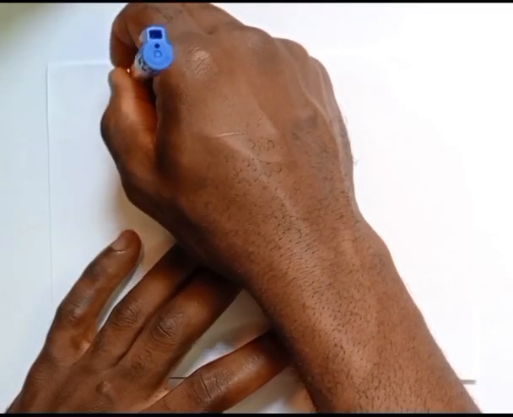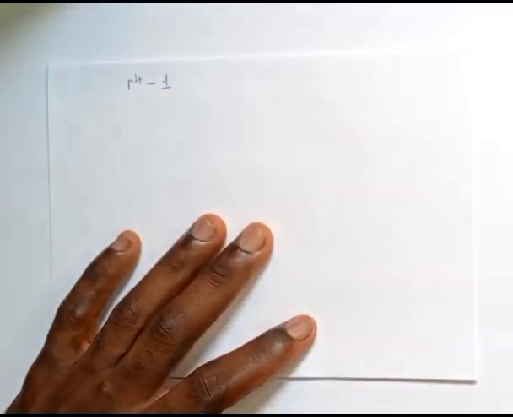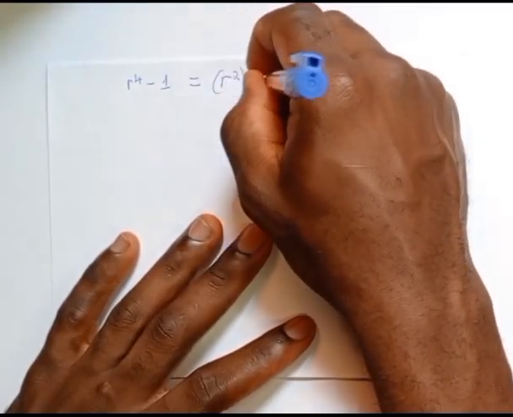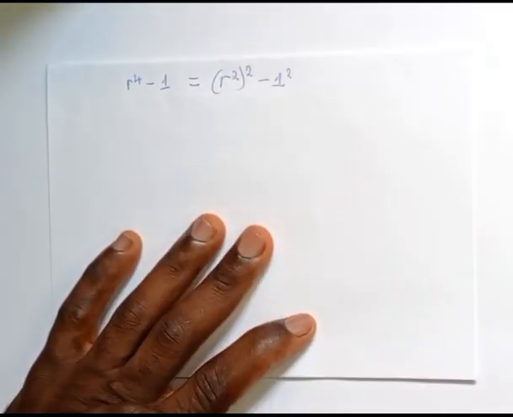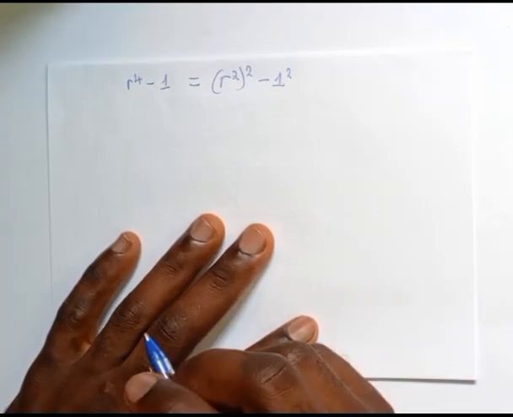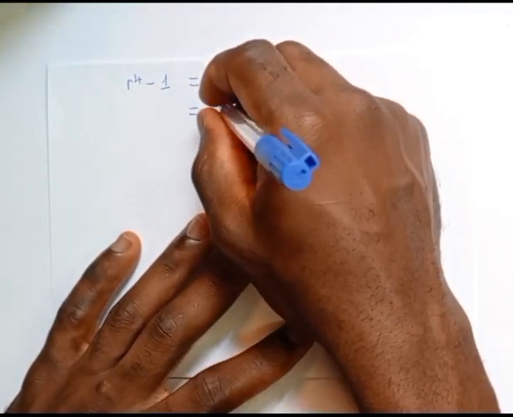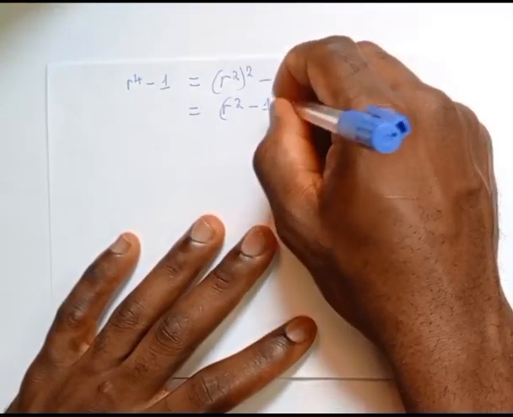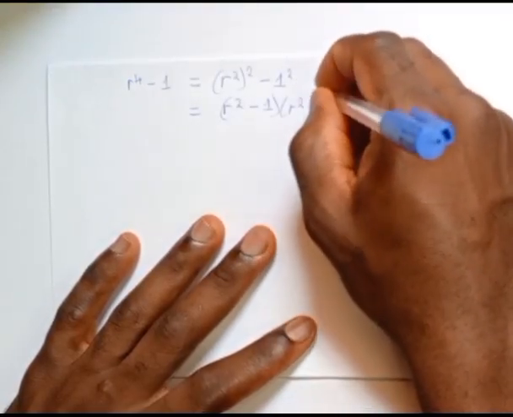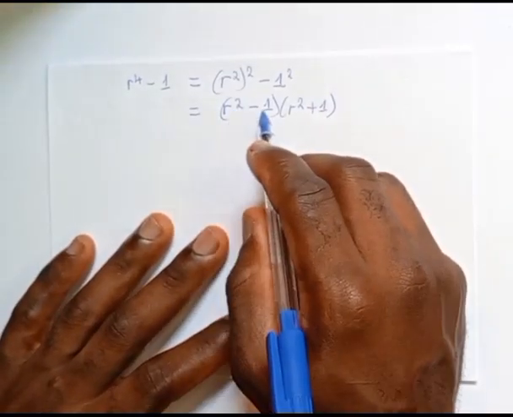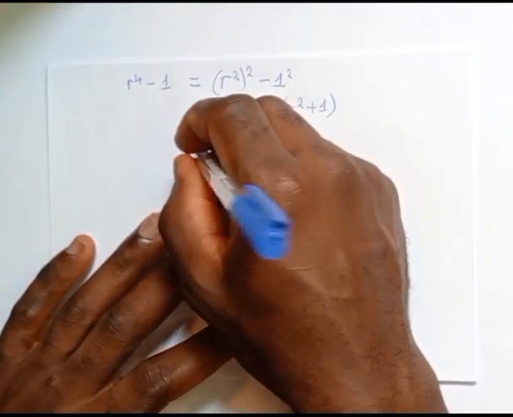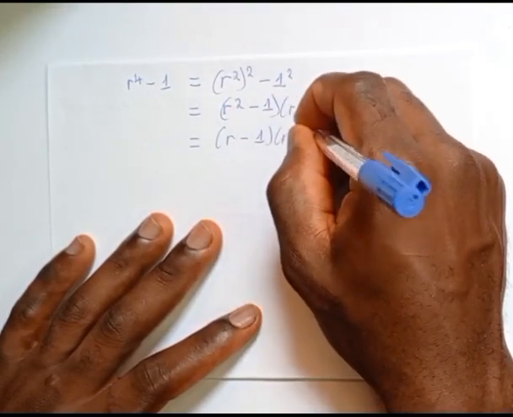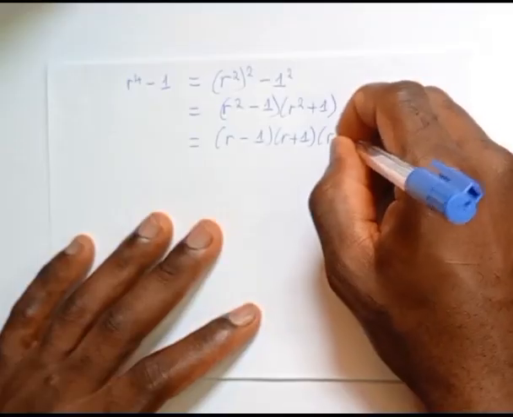At the numerator, if you take r raised to the power 4 minus 1, we can express this as r squared, all this squared, minus 1 squared. 1 squared remains 1. And this is the difference of two squares with factorization r squared minus 1 times r squared plus 1. r squared minus 1 is still a difference of two squares which has factorization r minus 1 times r plus 1 times r squared plus 1.